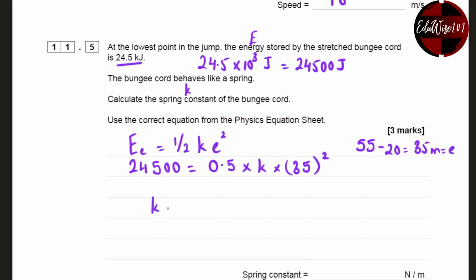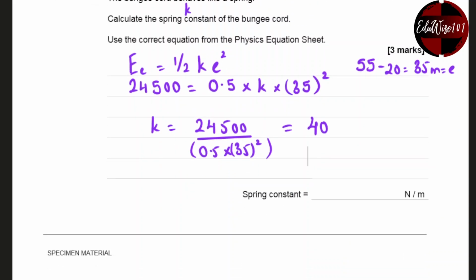Rearranging the equation, k equals 24,500 divided by 0.5 times 35 squared. I'll put that in. That gives me an answer of 40 Newton per meter.